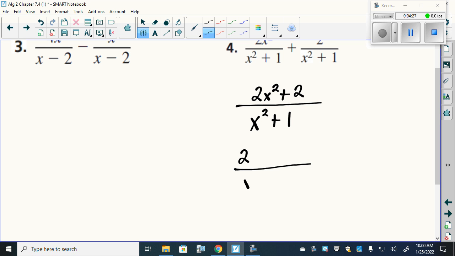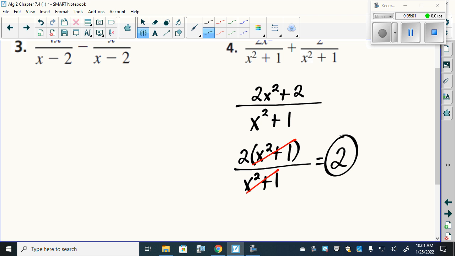And even if factoring out the greatest common factor or simplifying the numerator didn't do anything, we still need to do it. Because here, in particular, if we factor out the 2, I'm left with what? x squared plus 1. So do I end up having something in common on top and bottom? So those would cancel out, leaving us with 2. Any questions on this here?